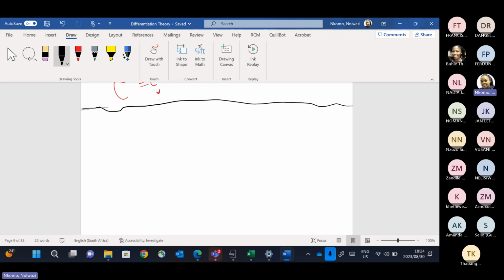So this section will help us find the points whereby the profit is at maximum, like the points that will give us the maximum profits.